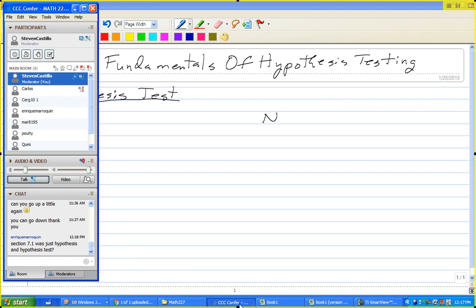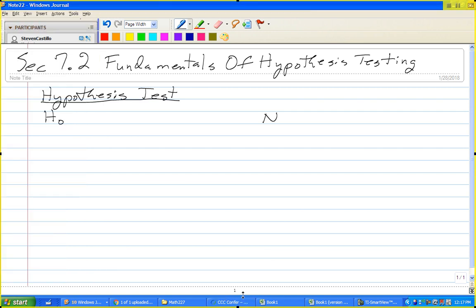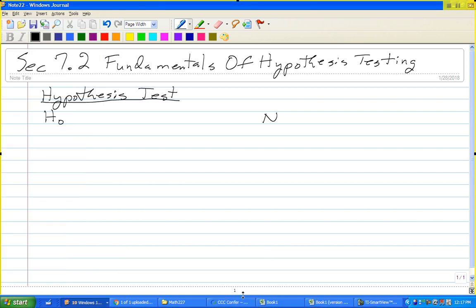It was just a very quick intro to what we're going to be doing. This section will now put in all the pieces that we missed from section 7.1.